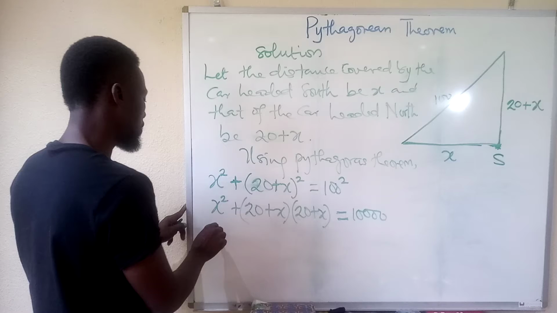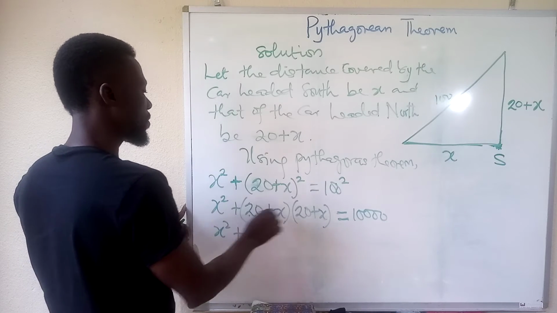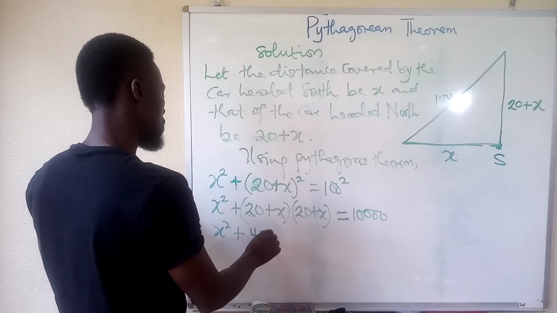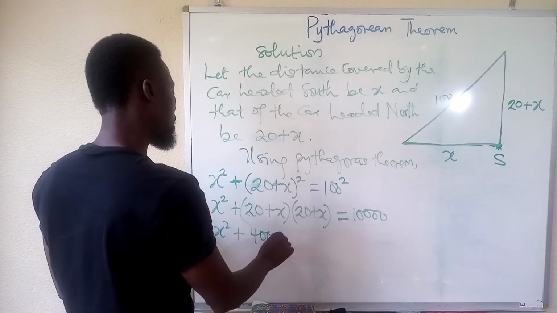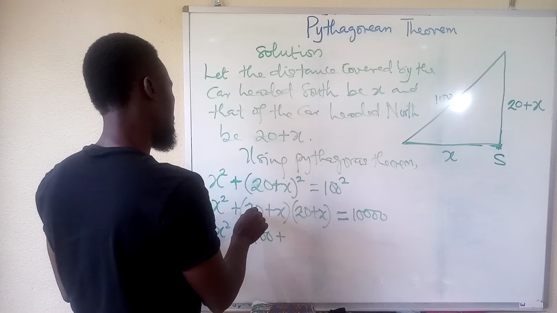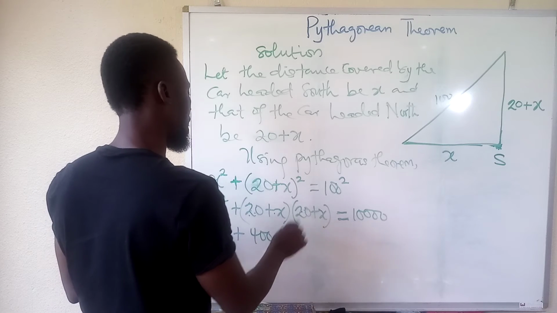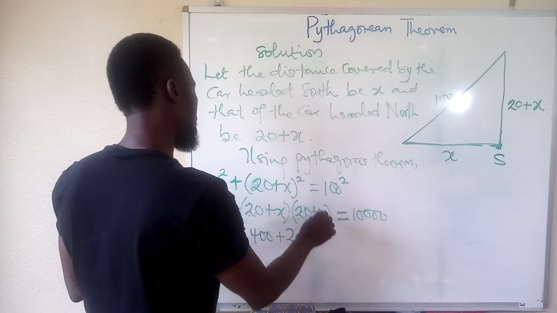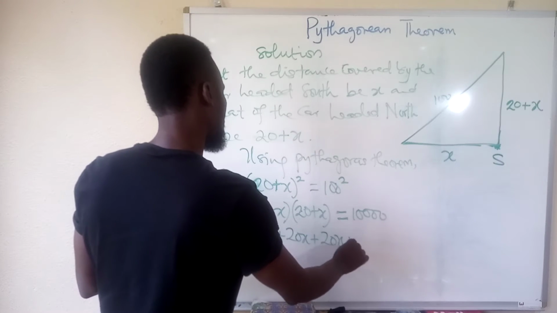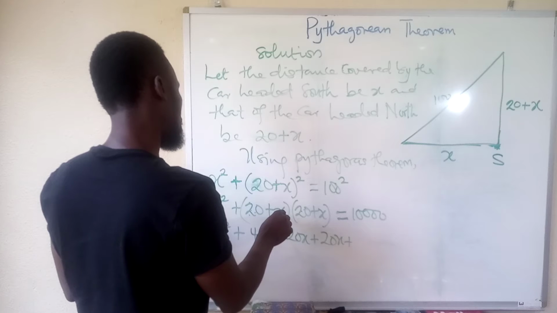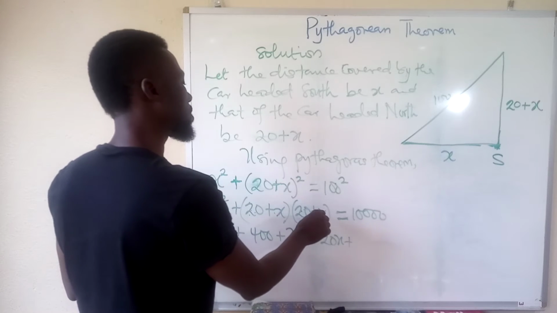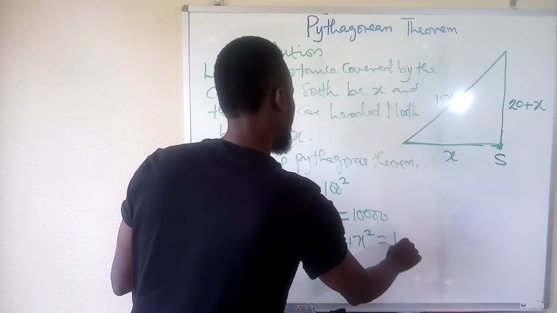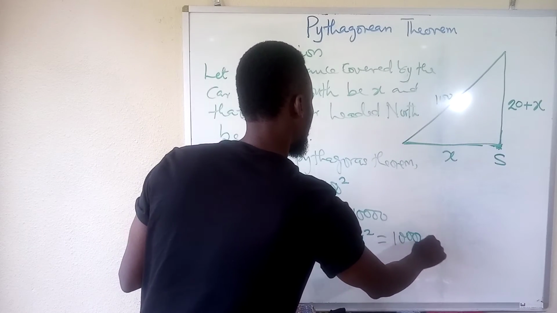When we multiply 20 times 20, we shall have 400, plus 20x, plus 20x, plus x times x, which gives x squared. And this will be equal to 10,000.